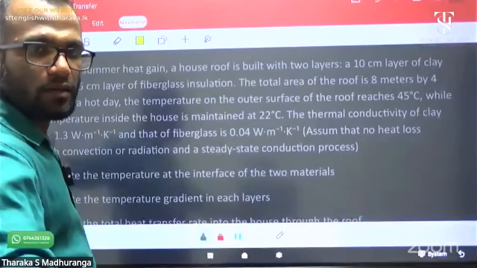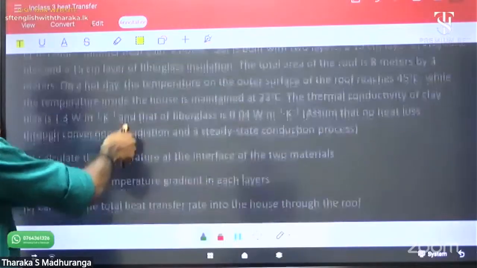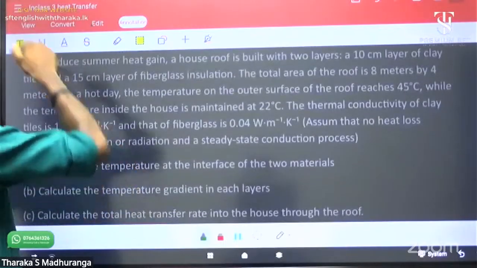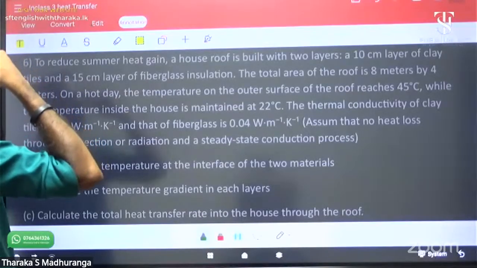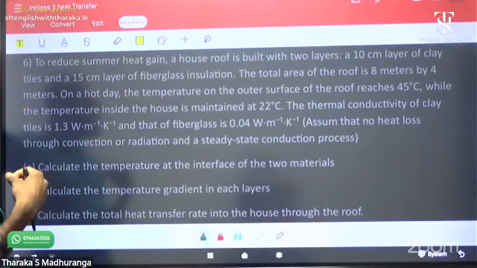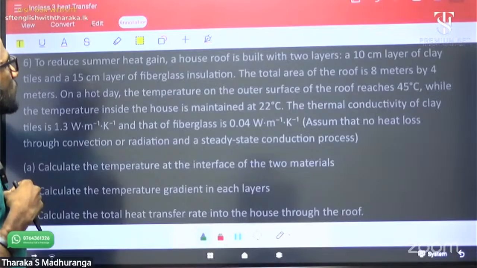Okay. Now let's go into the sixth one. To reduce the summer heat gain, a house roof is built with two layers: a 10 centimeter layer of clay tile and a 15 centimeter layer of fiberglass insulation.